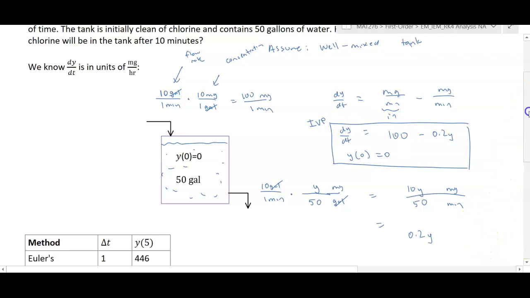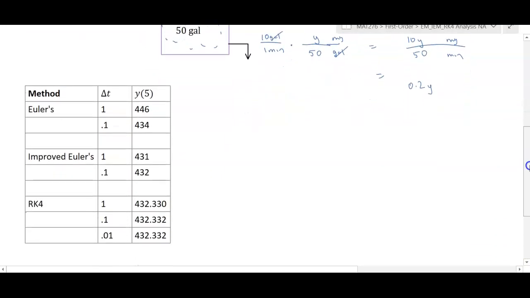And now let's go on to analyze it. So I'll pull up the technology in just a moment here, but here is what we would generate with Euler's method. And keep in mind that we don't know the exact solution.